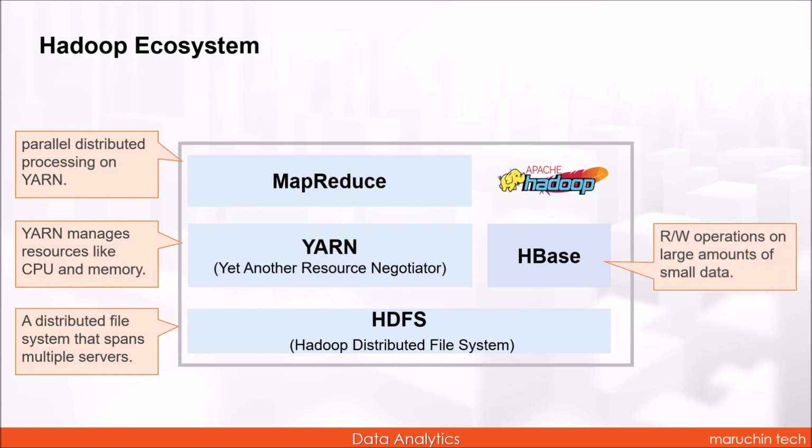HBase offers high performance for read and write operations on large amounts of small data. HDFS is great for reading and writing large files with high throughput. However, HDFS is a file system, not a database management system, so it's not suitable for relational database operations. HBase and HDFS can be used together to complement each other.